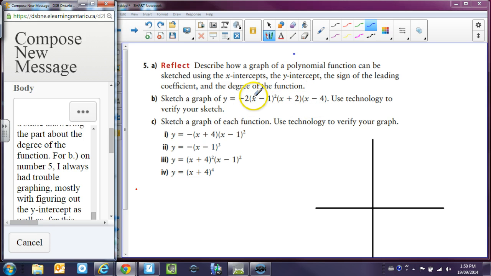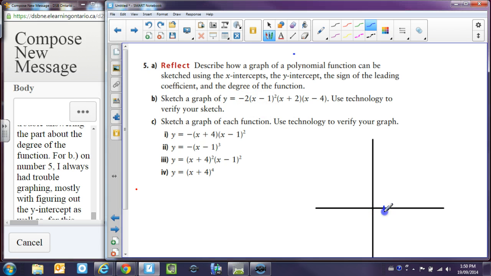My zeros are at positive 1, because 1 minus 1 gets me a 0. At -2, because -2 plus 2 gets me 0. And positive 4, so that's 1, 2, 3, and 4, again because 4 minus 4 would get me 0.